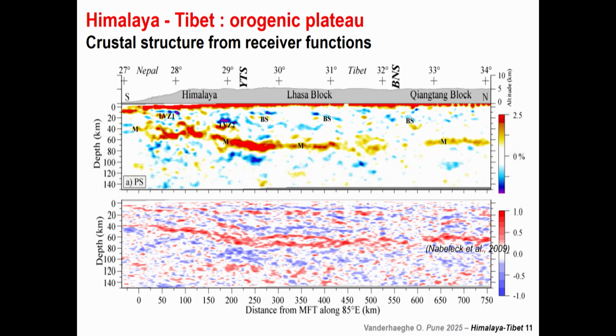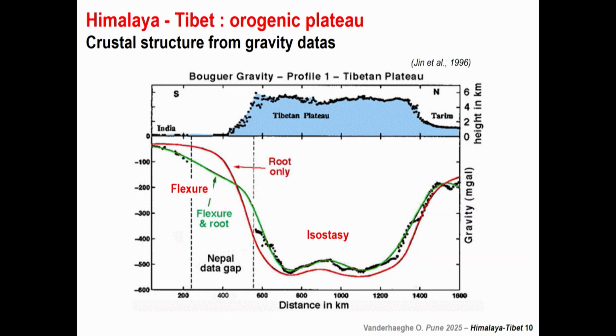These correspond to P versus S wave conversion. So it means that the rocks underneath propagate the seismic waves faster or slower. And these look like they are horizontal. You see some obliquity here at the front, but beneath Tibet, it's all horizontal.